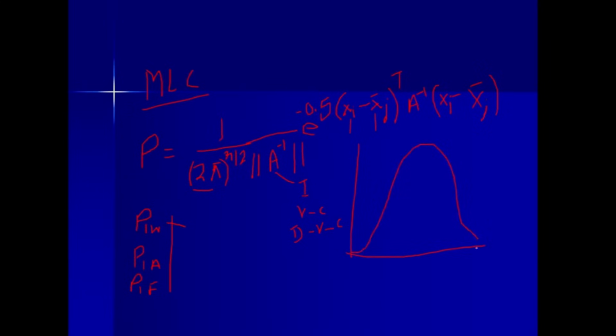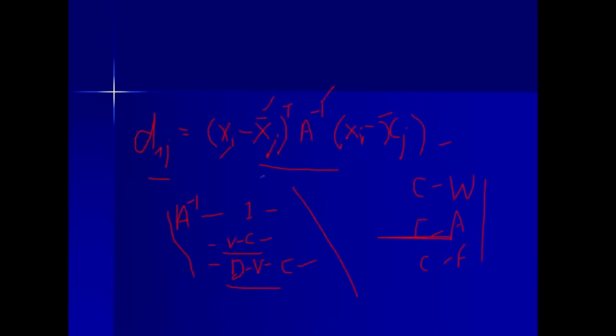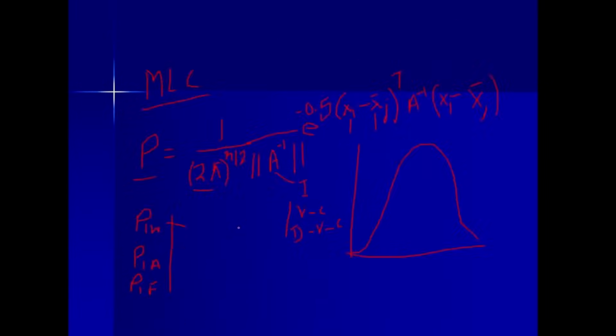In case the data in each band, which you can check on the training data, does not follow the normal distribution, then the algorithms using the variance covariance matrix, like the maximum likelihood classifier using A inverse as variance covariance or diagonal variance covariance matrix, or the Mahalanobis distance, may not be able to give very good results. From the commercial point of view, commercial software uses only the variance covariance matrix in the maximum likelihood classifier.